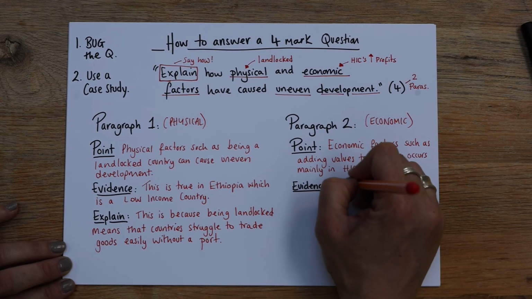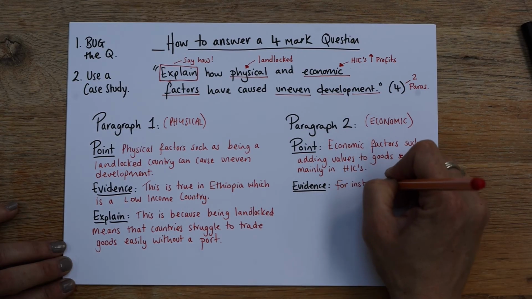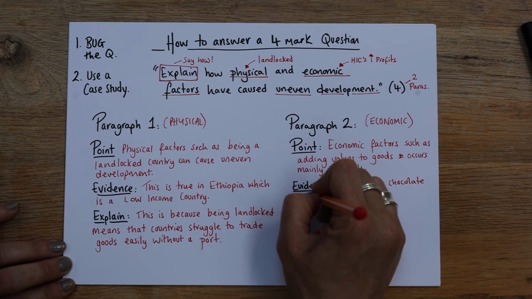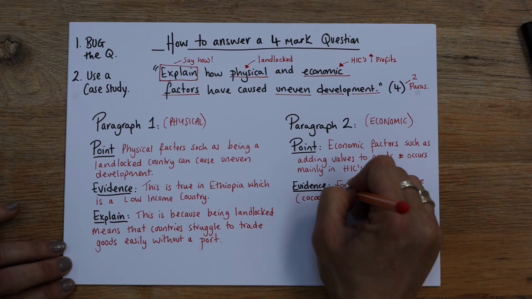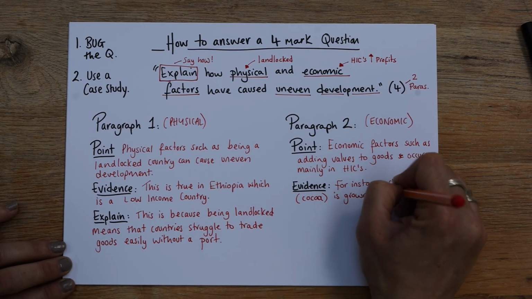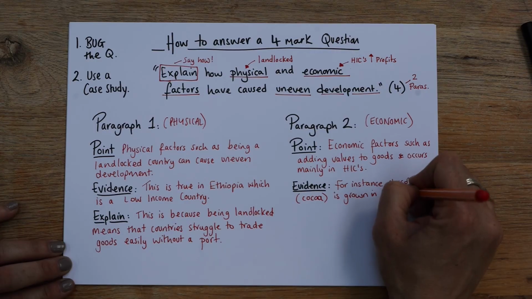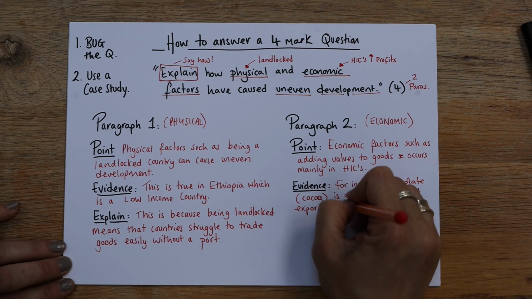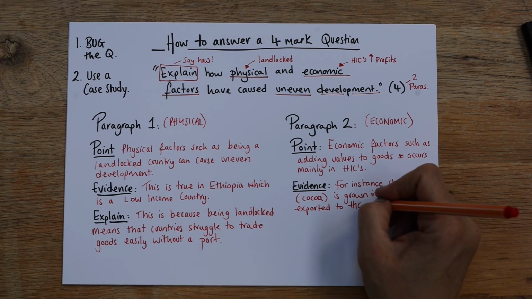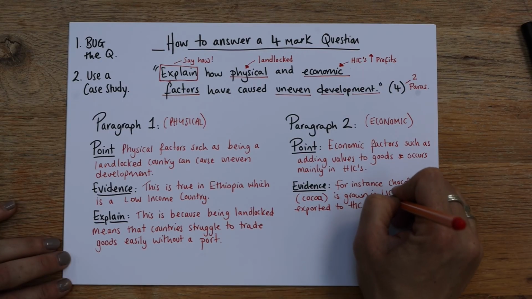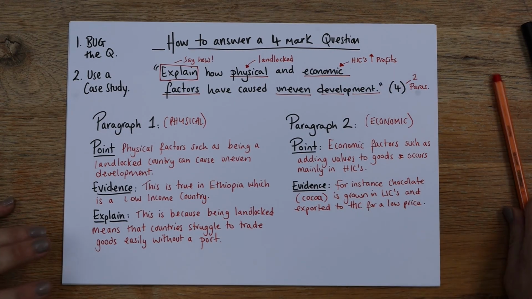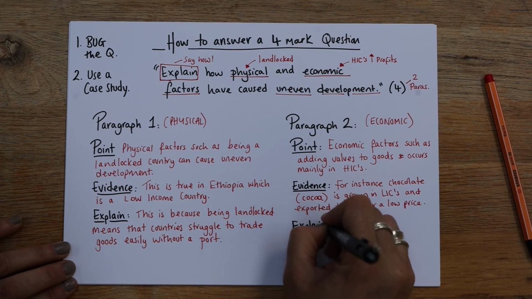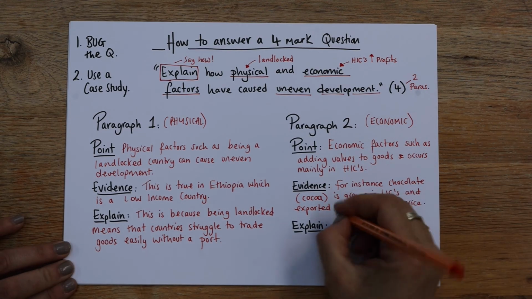So, for instance, chocolate, in brackets, cocoa, is grown in low-income countries and exported to high-income countries, often for a low price. Okay, they often don't get to determine the price it should be. Now we need to explain why that is a problem. Okay, so we need to use my magic words.